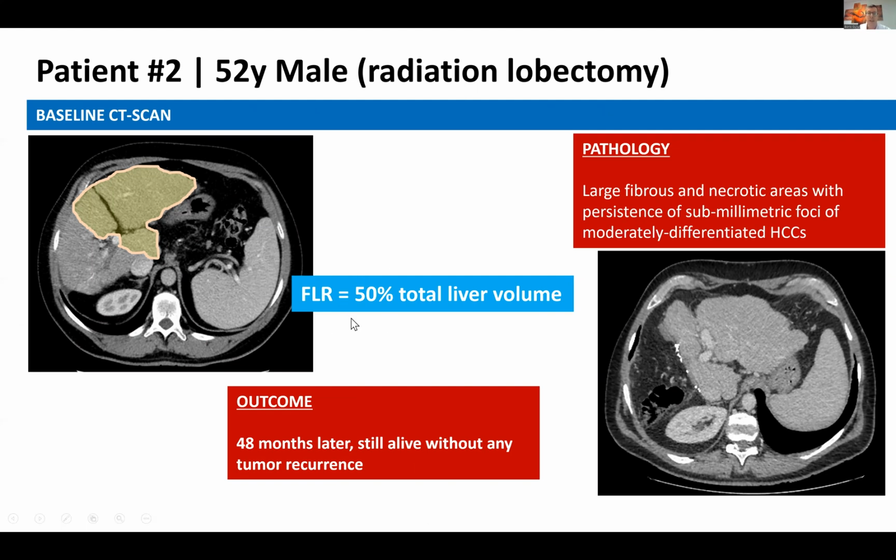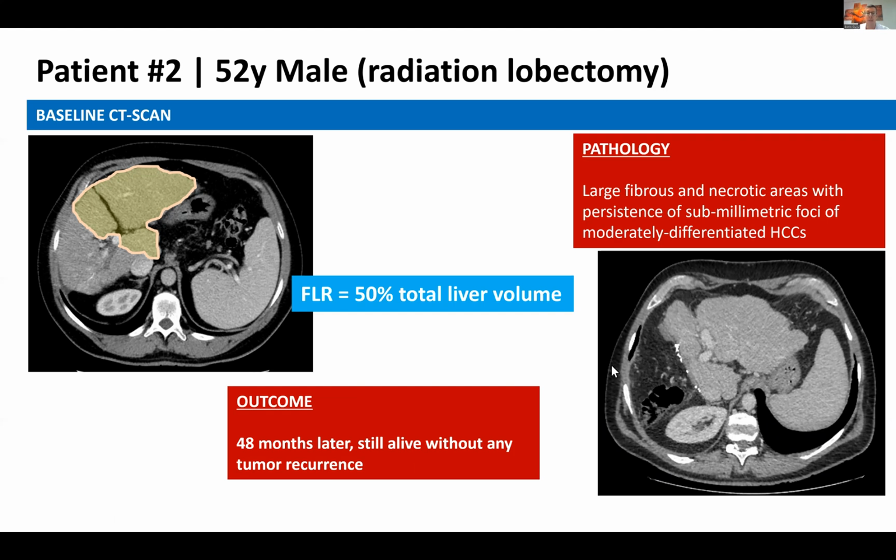Because the FLR was enough, we decided to resect the patient. And we were right because we had a very good pathological response, but not a complete pathological response because some submillimetric foci of HCC remained. And now, 4 years later, this patient is still alive without any tumor recurrence.